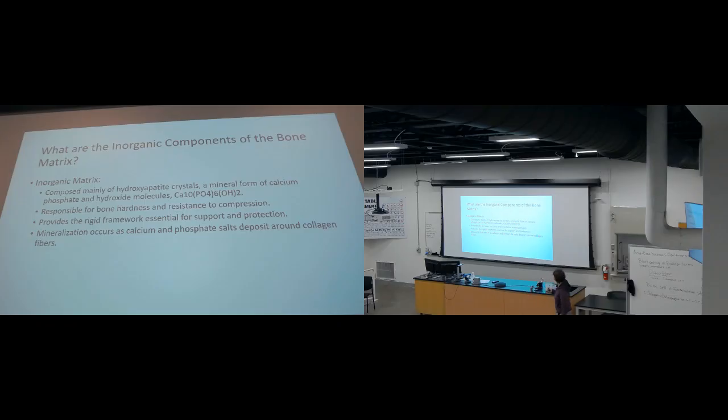So, components of the inorganic matrix, mainly hydroxyapatite crystals. So this is the chemical formula: calcium 10, phosphate 6, hydroxyl 2. So you have 10 atoms of calcium, 6 molecules of phosphate, and 2 hydroxyls.